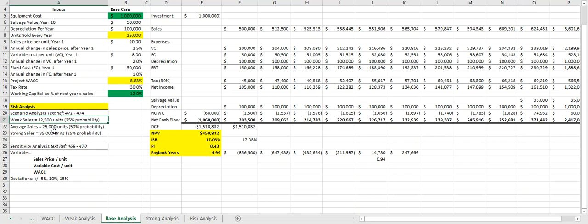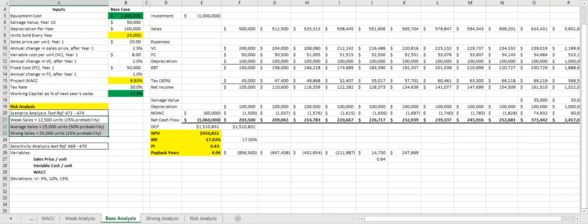And what if our marketing people tell us that if the economy is great, we could sell 35,000 units a year? There's also a 25% probability of that occurring. The scenario analysis is taking these different levels of outputs and their probabilities and determining the weighted likelihood of a return, taking into account weak, average, and strong sales.